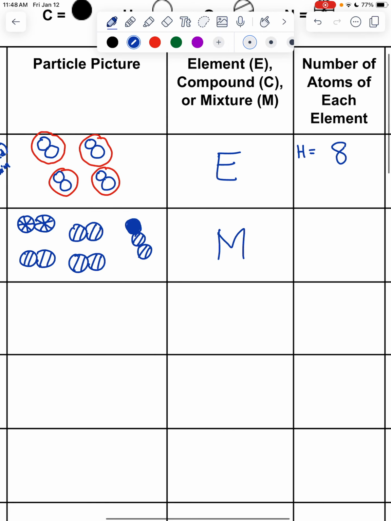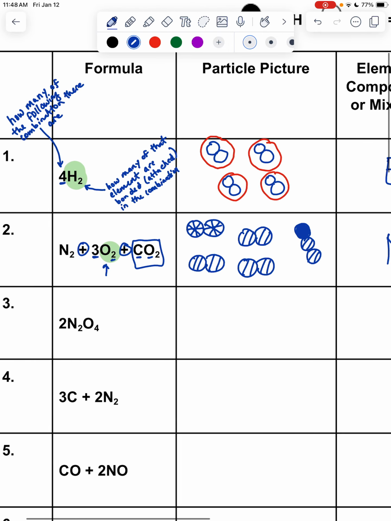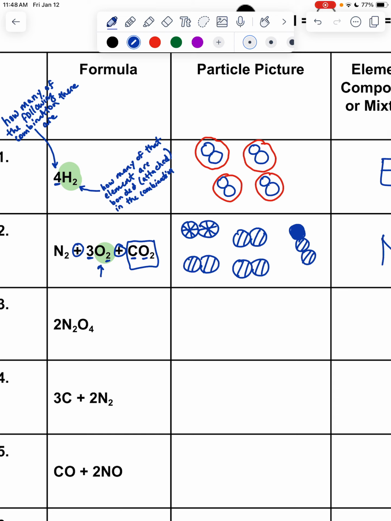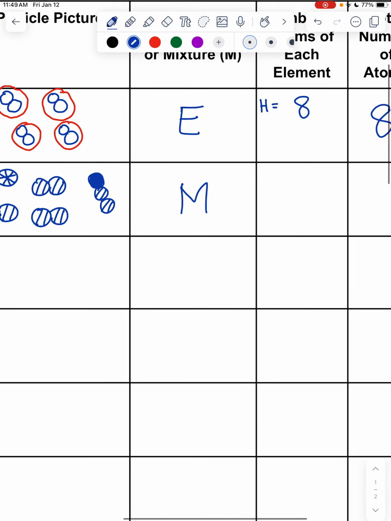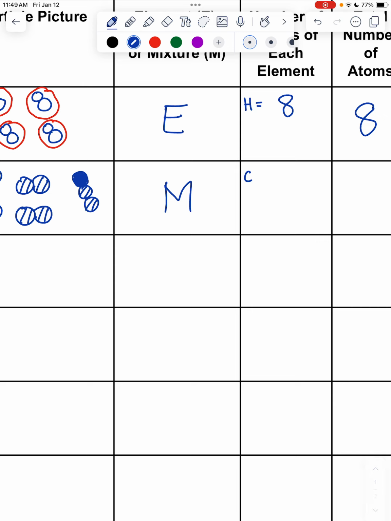Number of atoms of each element. So I have to look and see what elements I have. Well, I have N's, right? I have O's, and I have a C. So I'm going to just label out in that order that I said it, N, O, C. Right?